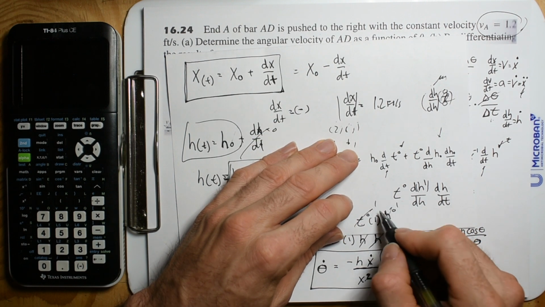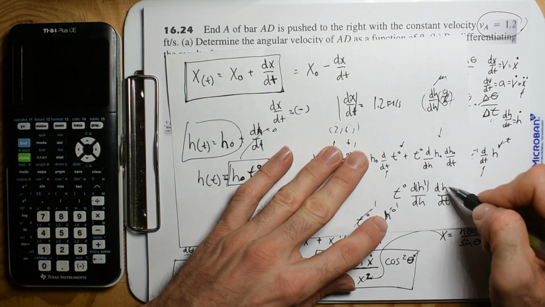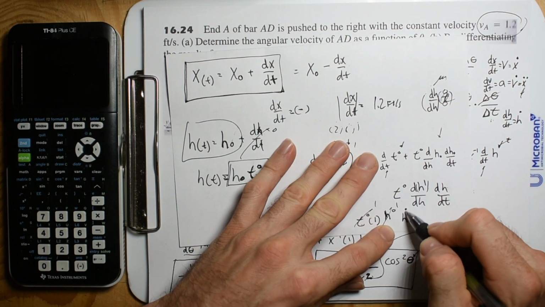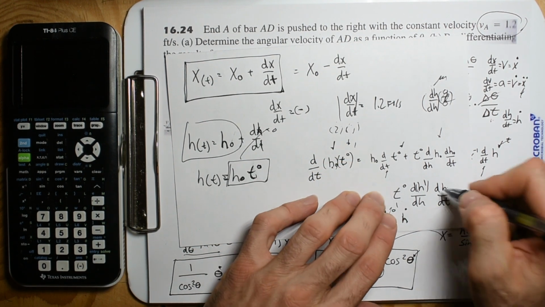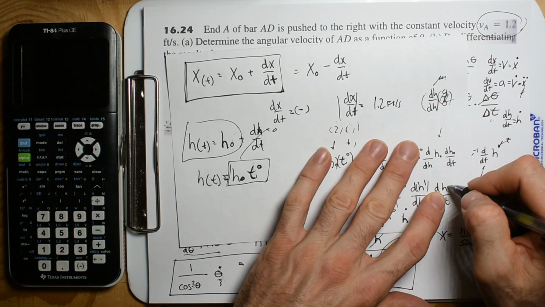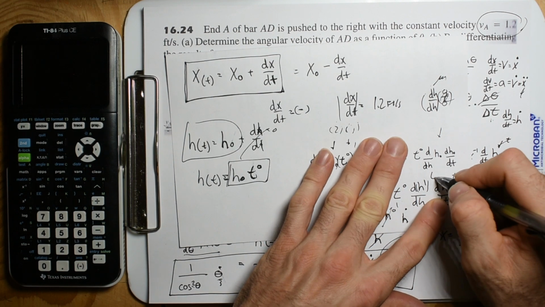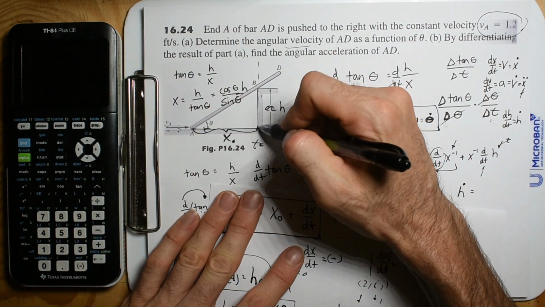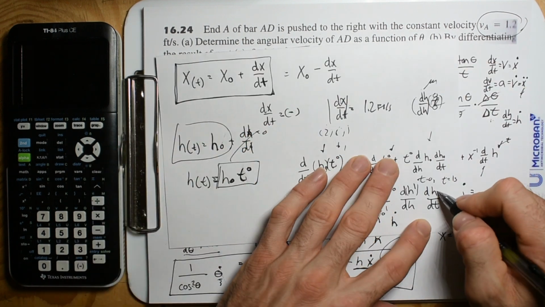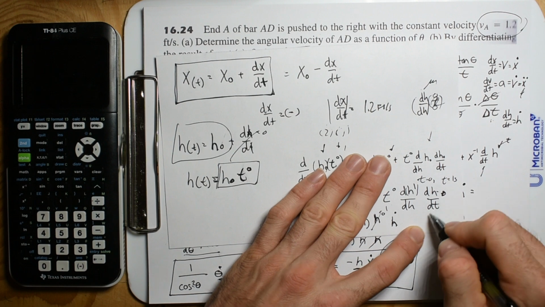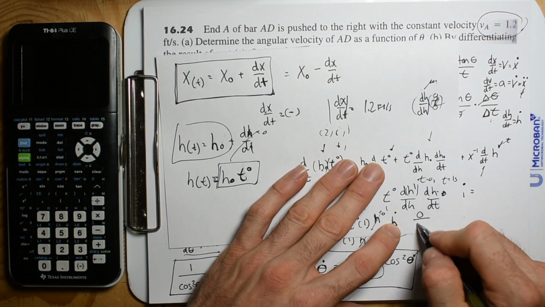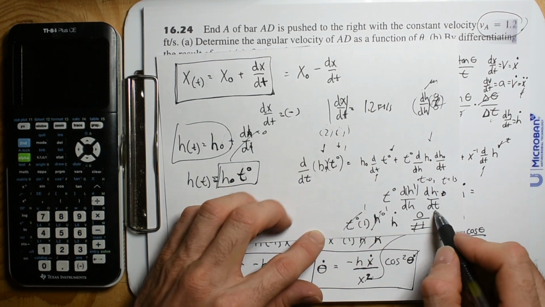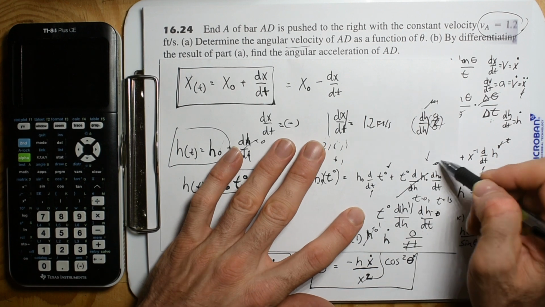And then dh/dt, this is going to be your h dot. And yeah, h isn't changing. So h at time 1 second is the same as h at time 0 second. It's always the same. In this problem, this height is always the same. So this change is going to be 0. 0 over any number of time is 0. So that's where that term just becomes 0.